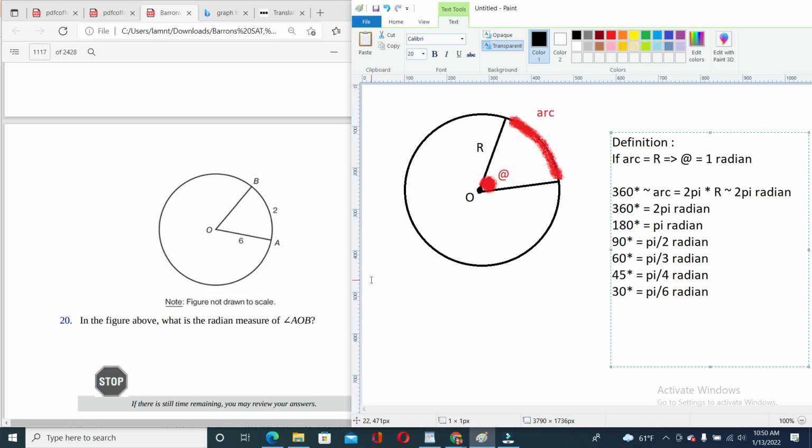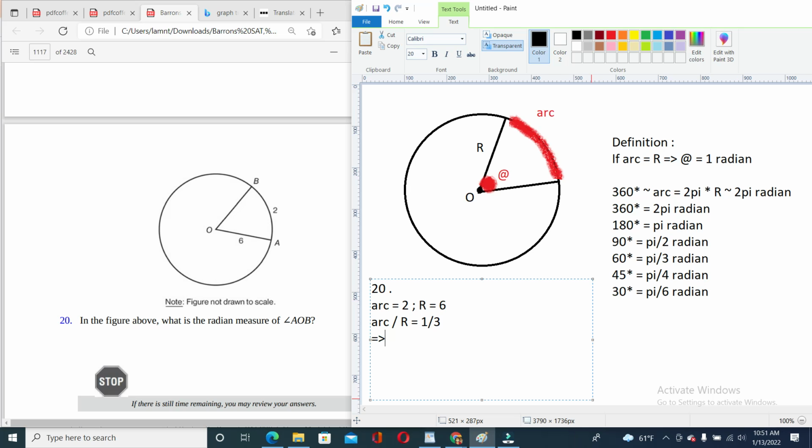Okay, so for this exercise number 20, we have to find the ratio of the arc and r, right? In this case, we know the arc is equal to 2, and we know that the radius r is equal to 6. So arc over r is 1/3, right?